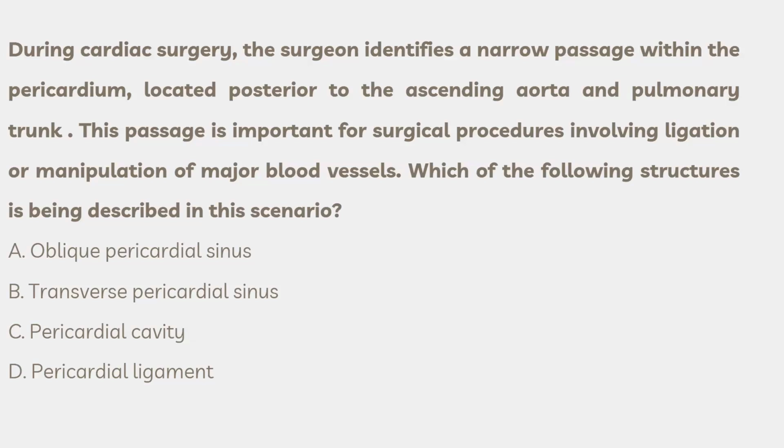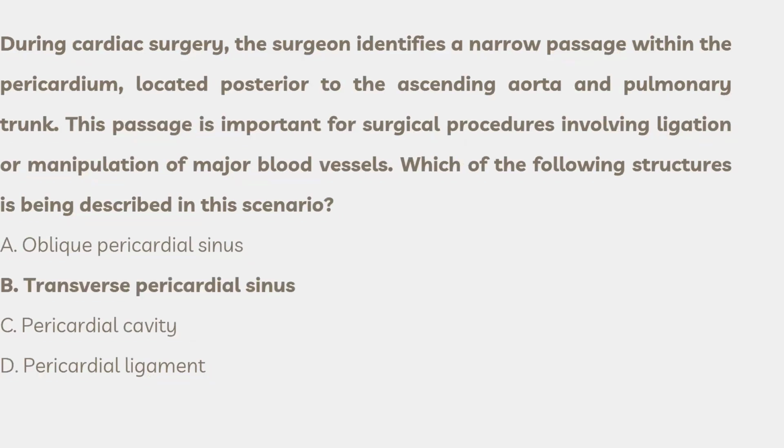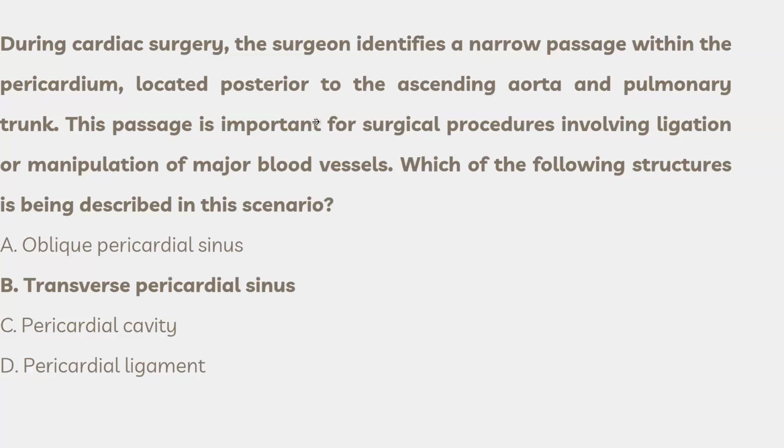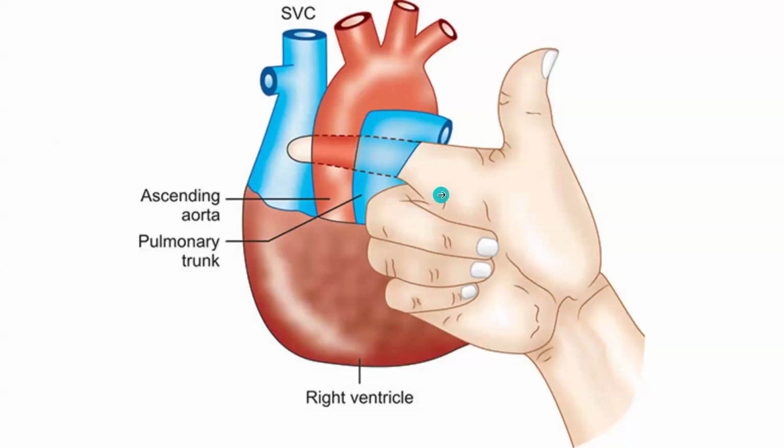Yeah, you guys are right. It is B, transverse pericardial sinus. So the transverse pericardial sinus is basically the space that this person has put his finger into. It's posterior to the pulmonary trunk and the ascending aorta. That's what gave it away in this question. And it's of clinical significance.